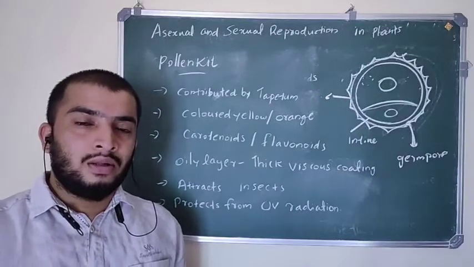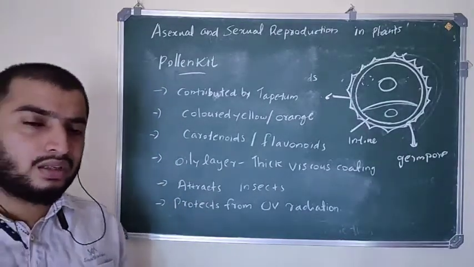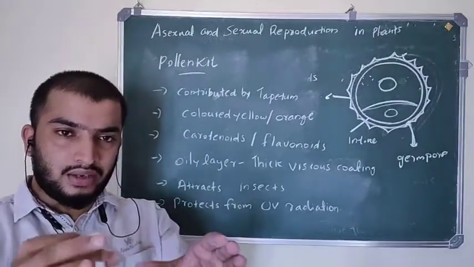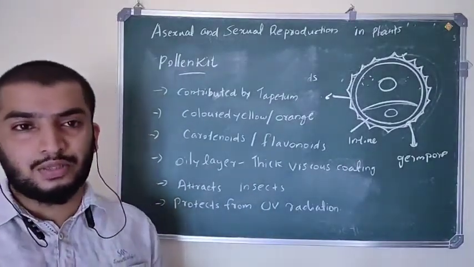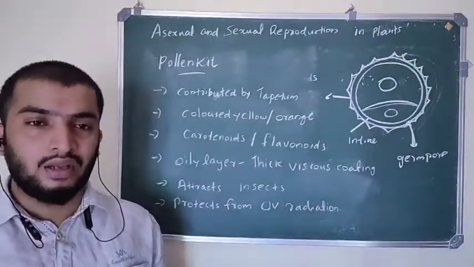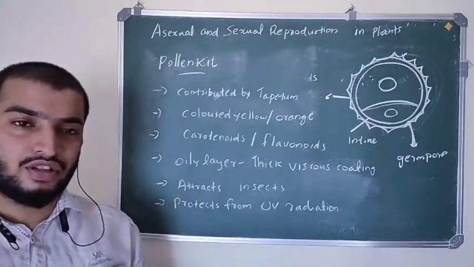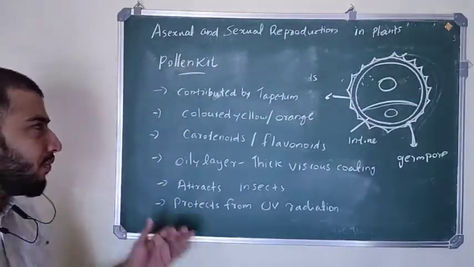Then what are the functions of pollen kit? Pollen kit attracts insects, especially for pollination, and also protects the pollen from UV radiation. So these are the main functions of pollen kit. So let's recap pollen kit.